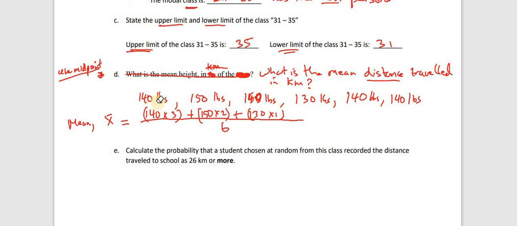And rather than saying 140 plus 140 plus 140, I just say 140 times 3. And rather than saying 150 plus 150, I say 150 times 2. And we have one single 130, so 130 times 1 divided by the number, right? The same thing as saying 140 plus 150 plus 150 plus 130 plus 140 plus 140 divided by 6. But because I repeated numbers, I just multiply by the amount of times I repeated it.